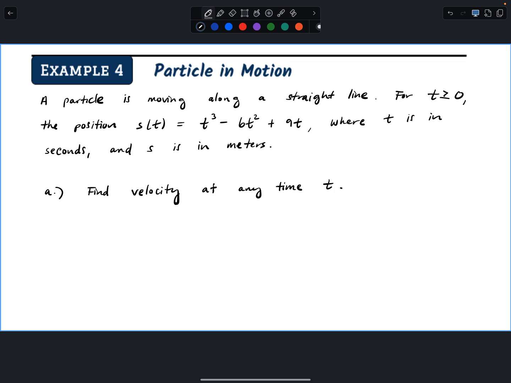So the velocity, v of t, is just equal to s prime of t. So power rule, if I take the derivative, I'm going to be given 3t squared minus 12t plus 9.